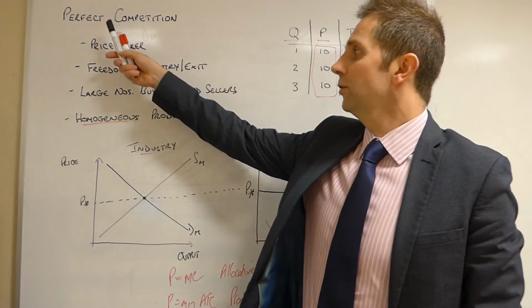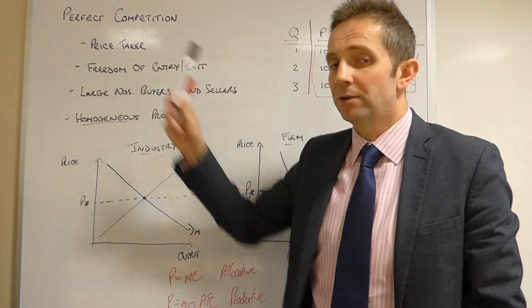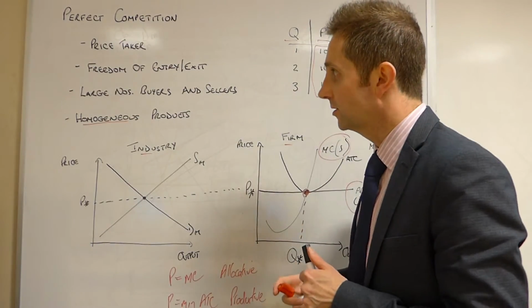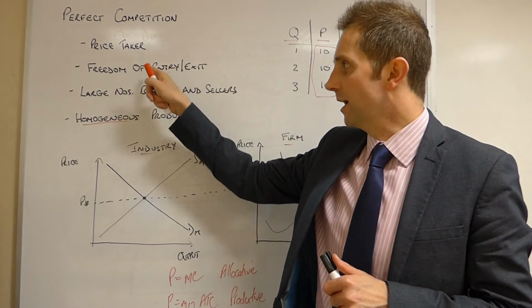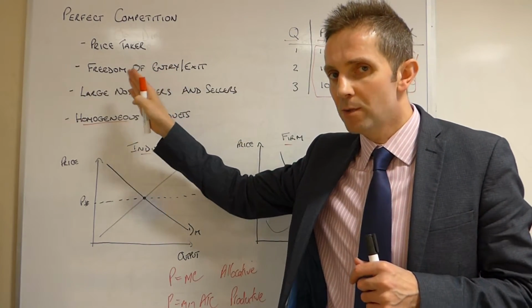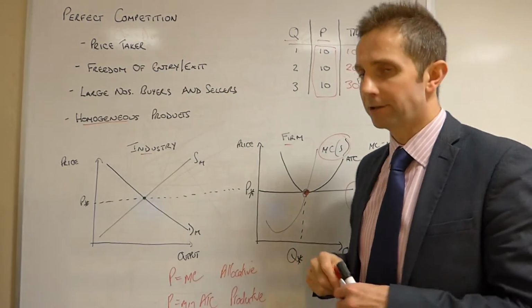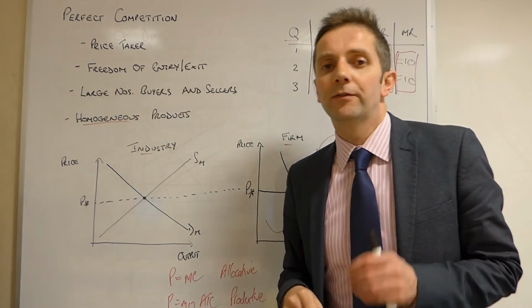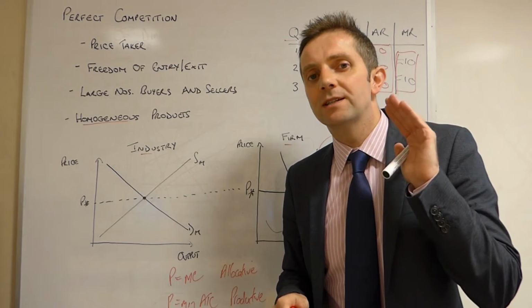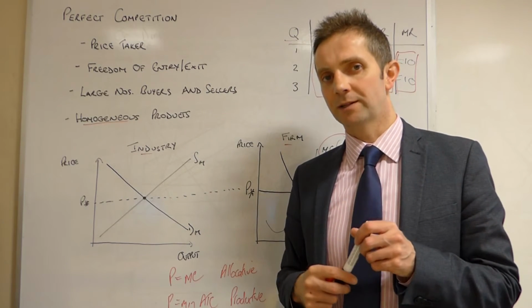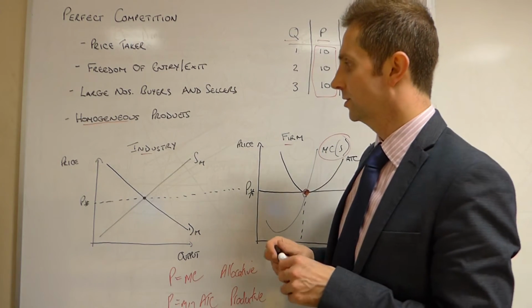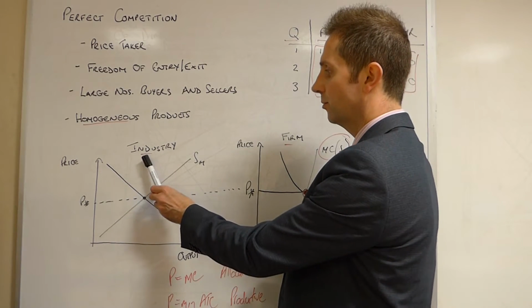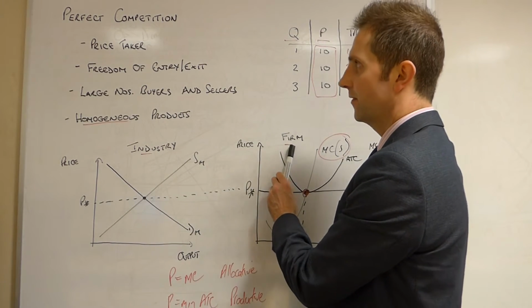So there are a few very important characteristics of a perfectly competitive market. This is by no means a finite list, but these are the most important of the characteristics. Number one, firms are price takers in a perfectly competitive market. As you can see here, when I've set these diagrams up, we've got the industry and we've got the firm.